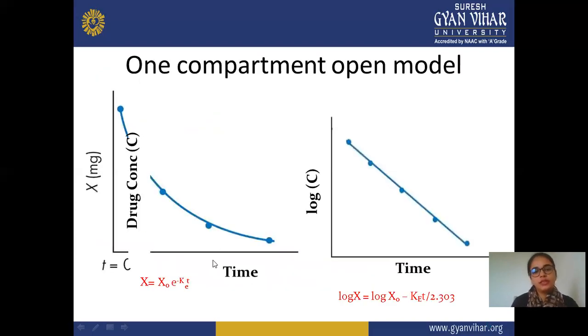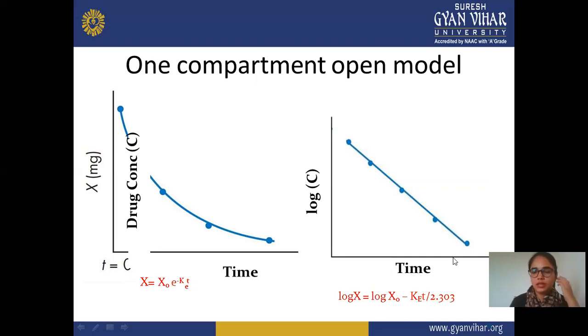Next is a graph. In this, we are plotting time versus drug concentration. When we plot this graph, a declining curve is obtained, and in this, concentration declines according to Ket. And next, this one is time versus log C. This graph gives a straight line in declining condition.